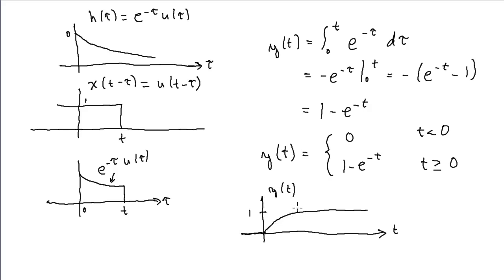Remember, in response to an impulse, the system just gave me a decaying exponential. This is the response to a unit step. So sometimes this is called the unit step response.